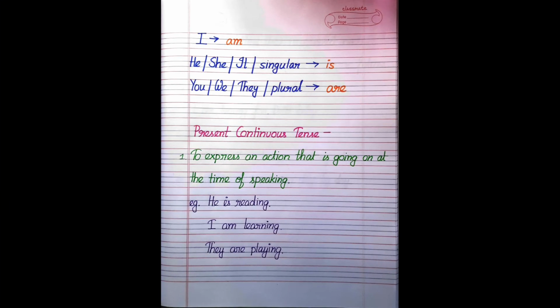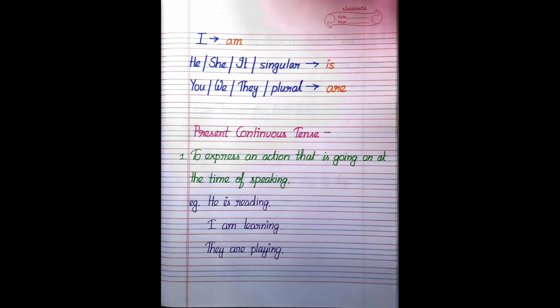Next, the thing that we should be careful about is the correct use of am, is, are. When we have I as subject, we use am with it.